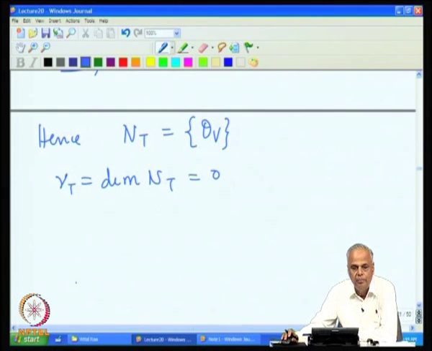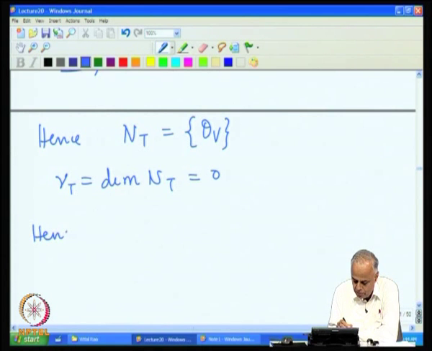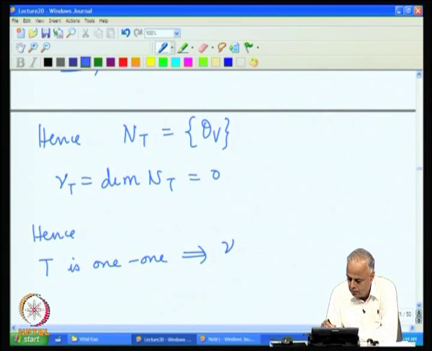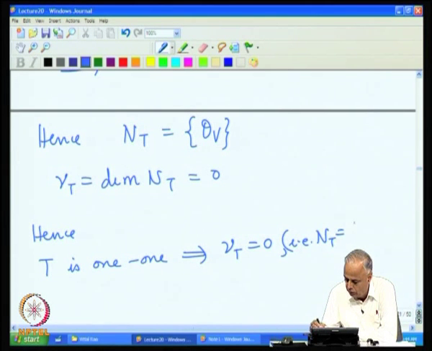So, hence we get T is 1-1 implies the nullity of T is 0, that is, the null space of T consists of only the 0 vector.